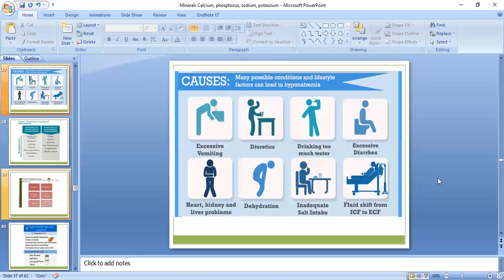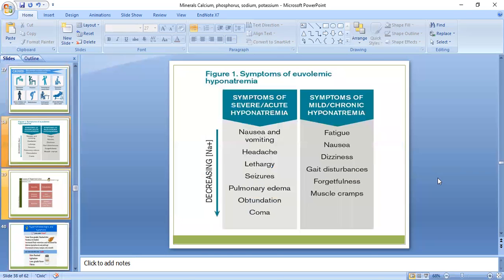Now, these are the causes of sodium deficiency: excessive vomiting, diuretics, drinking too much water, excessive diarrhea, heart, kidney, and liver problems, dehydration, inadequate salt intake, or fluid shift from intracellular fluid to extracellular fluid. These are the symptoms of hyponatremia, the symptoms of low sodium content, and they may be categorized into acute hyponatremia and chronic hyponatremia.